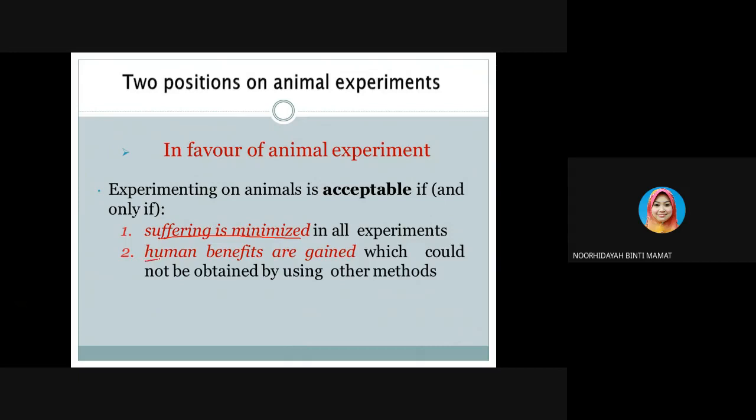And second, human benefits are gained which could not be obtained by using other methods, which means there is no other alternative to gain human benefit in the research. Because of these two, we can accept the use of animals in experiments.